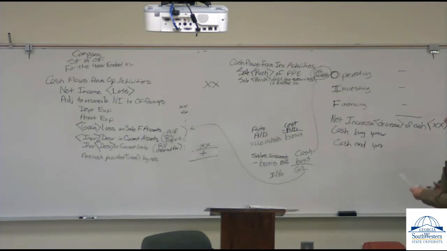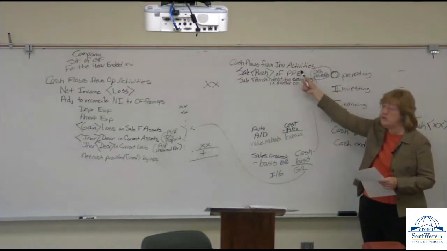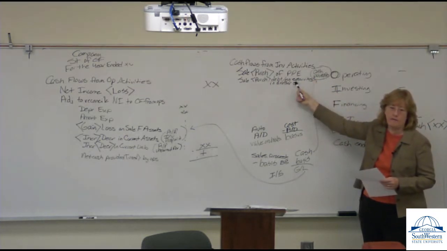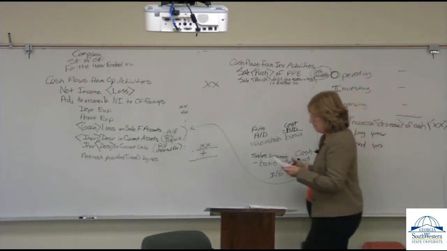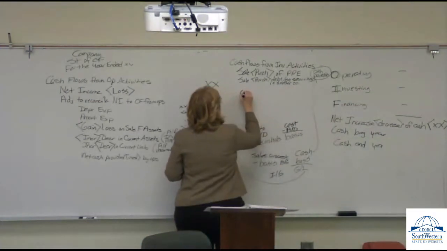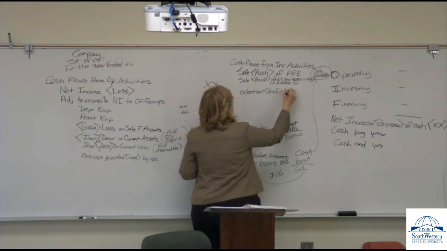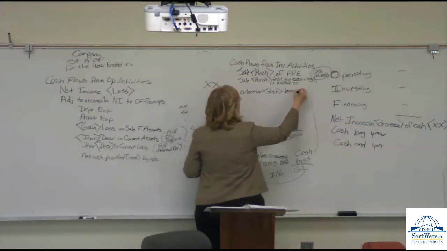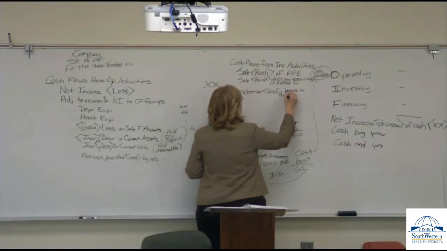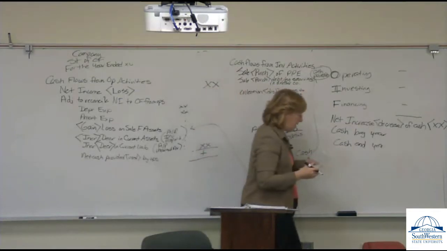Okay, so instead of investing in property, plant, and equipment, they're investing in this, okay? And then another example is, and this is even less frequent, the collection or the disbursement of loans to another company. So you're loaning another company money.